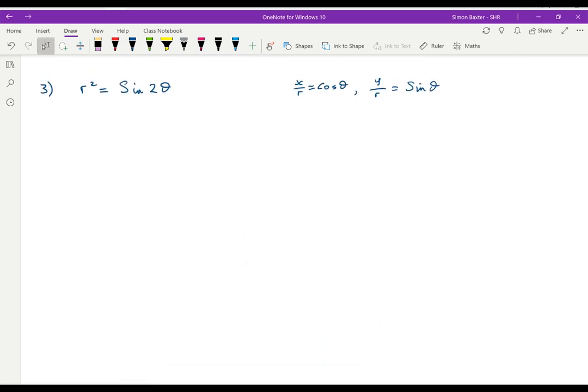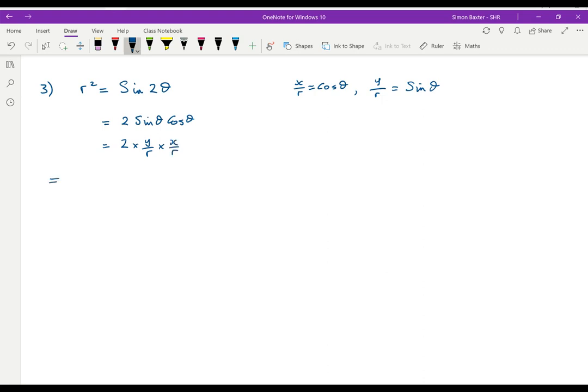r squared equals sine 2 theta. Well, I think having just done the one before, we will be looking at 2 sine theta cos theta. Sine theta is y over r. Cos theta is x over r.